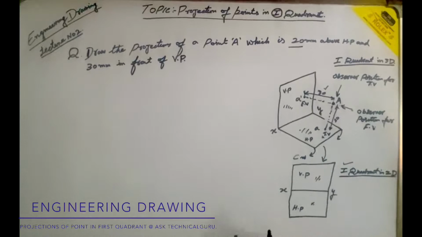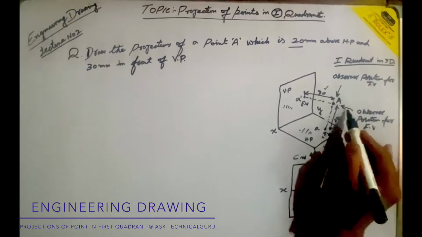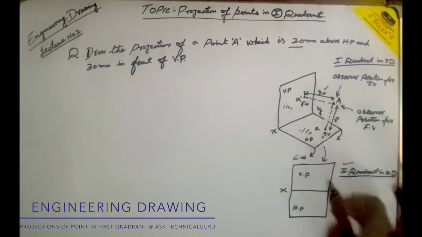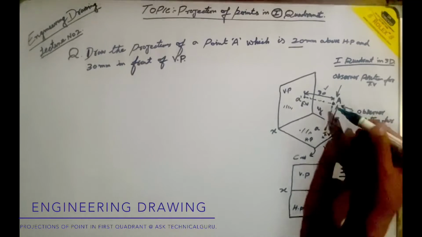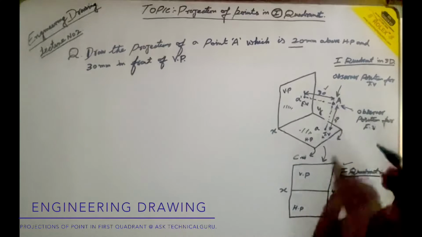Now in this case, what will happen? The projection of the point, or front view of the point. In the front view, the observer is seeing in this direction, so this 20 mm will be visible to us when we are seeing perpendicular to this point. This 20 mm will be visible to us in the front view only.